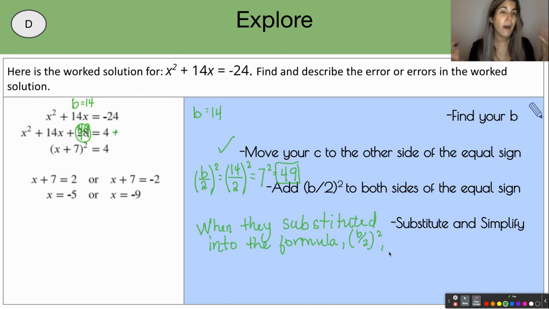There was a computational mistake. Computation means they added, subtracted, or multiplied something wrong.